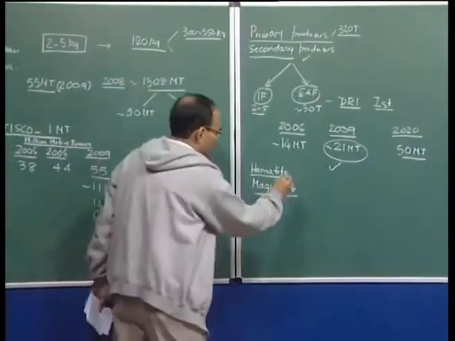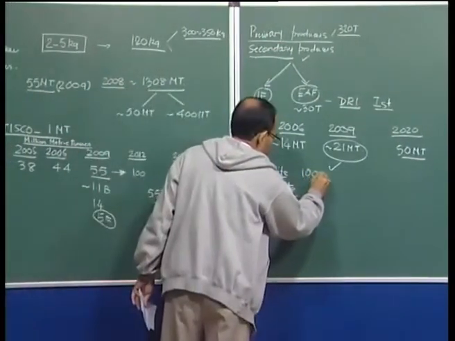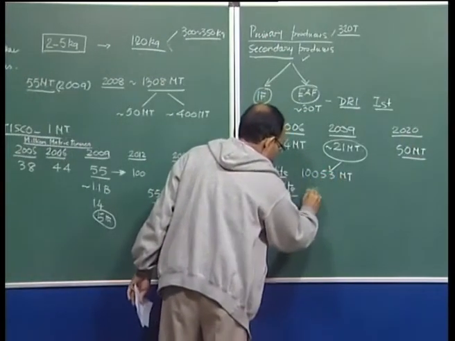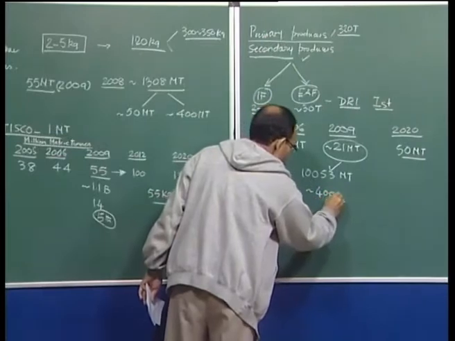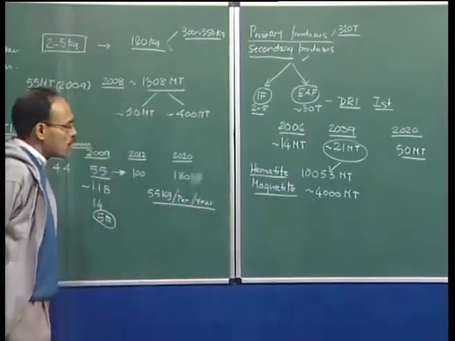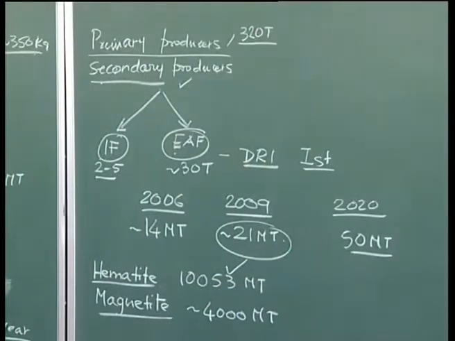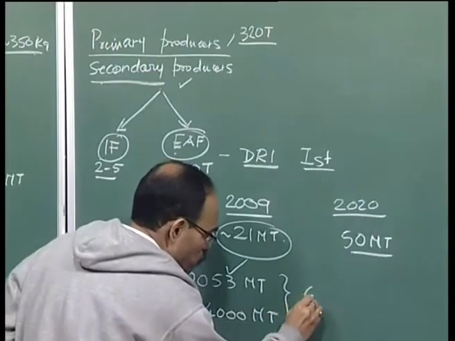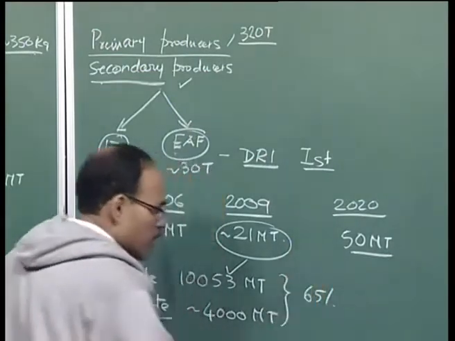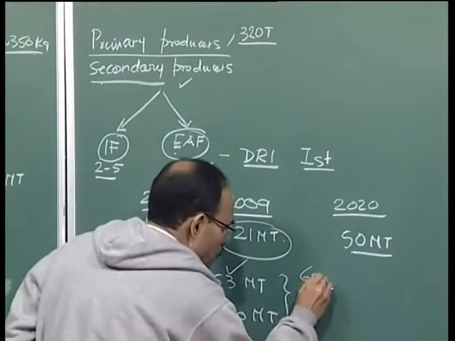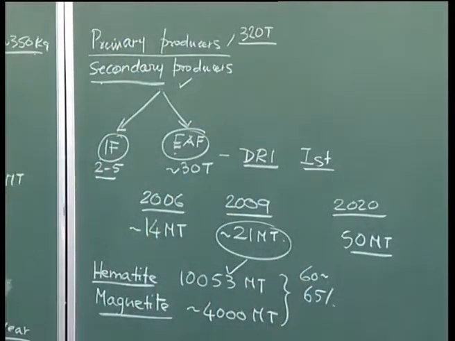And I think the hematite reserve goes somewhere like million tons, and approximately the magnetite reserve goes like this. And these are extremely good quality iron ore, and we are talking about 60 to 65% iron. That's the level of iron we are talking about.